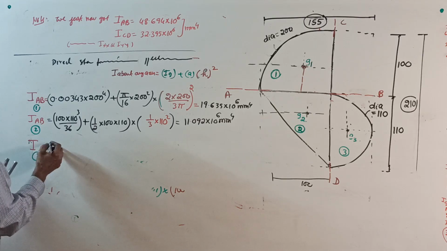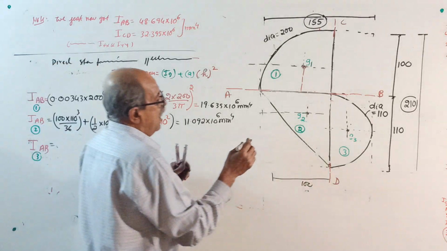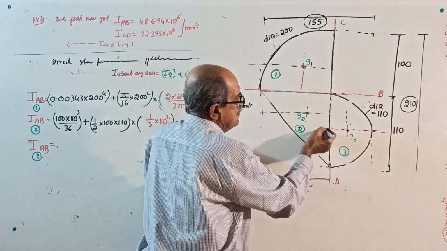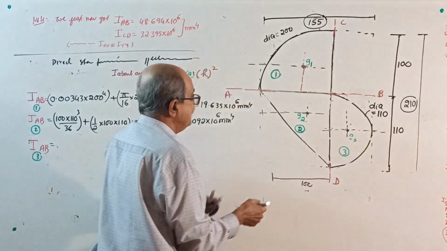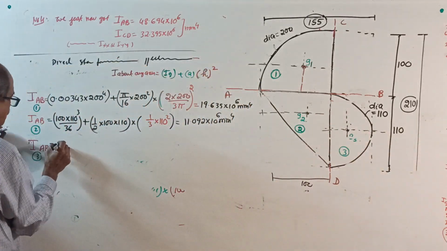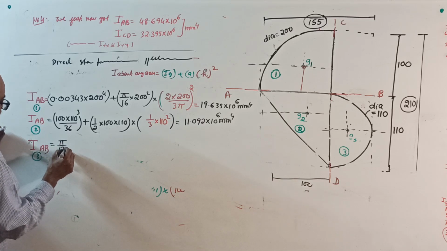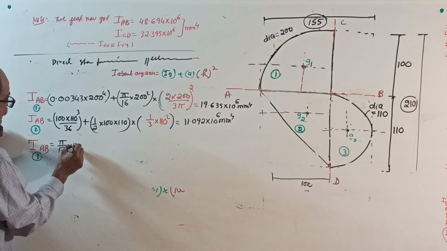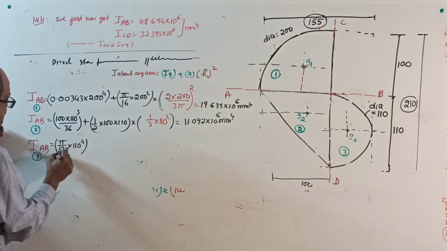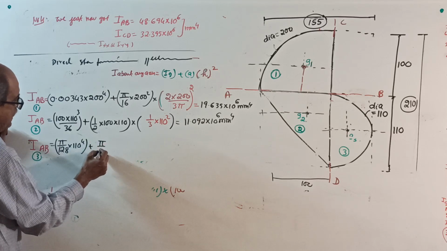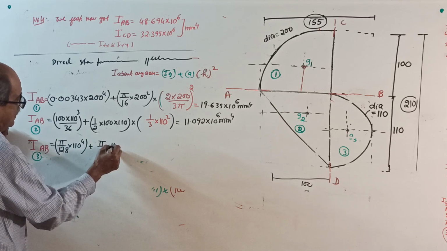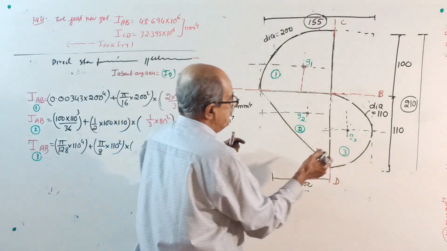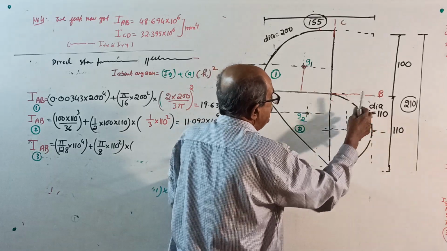Then I about AB for part number 3. Part number 3 is I about its own centroidal axis. See, semicircle, symmetry is there. So, pi by 128 into diameter, where diameter is 110 power 4, IG, plus area pi by 8 of 110 square is the area, into from centroid to AB.